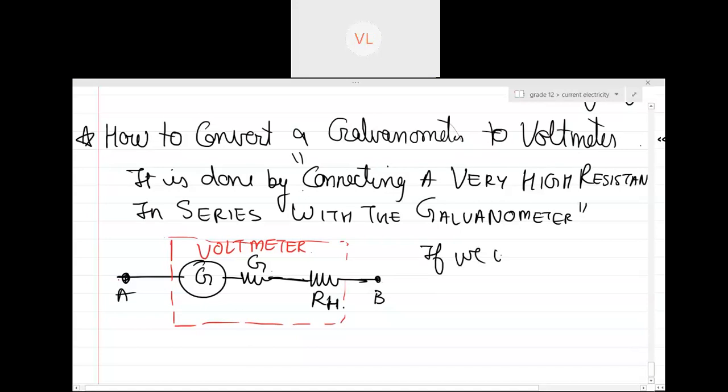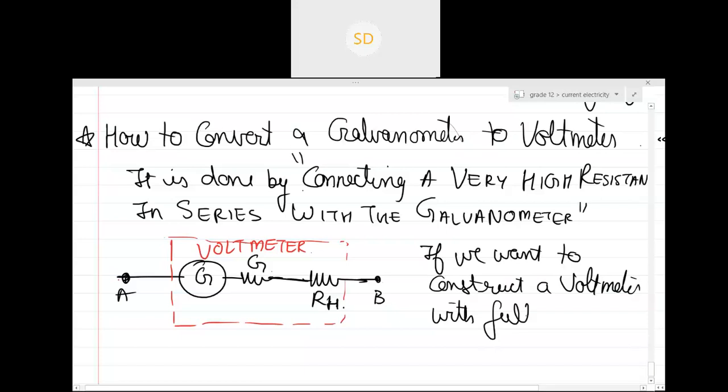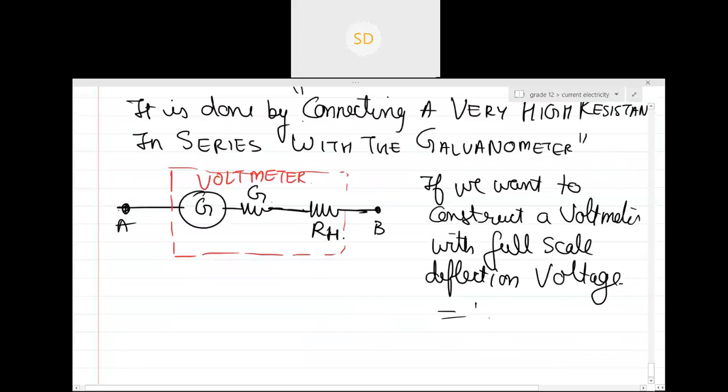So if we want to construct a voltmeter with full scale deflection voltage equal to V, so if you want the voltmeter to read full, what shall be the current which should pass through this voltmeter?